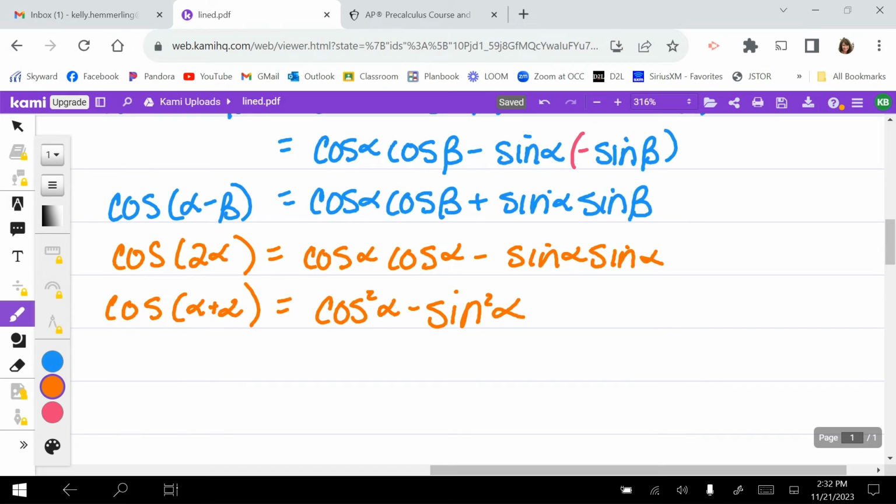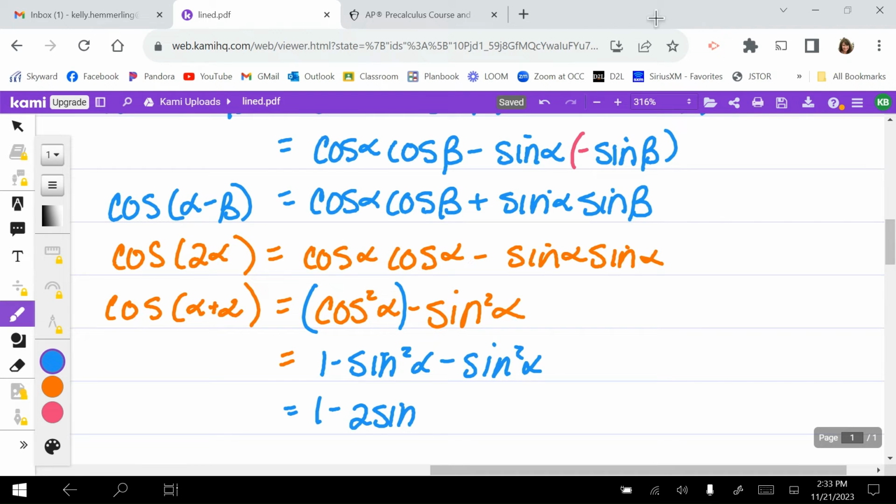And you can always use the fundamental Pythagorean identity and replace cosine squared of alpha with 1 minus sine squared of alpha. When you combine like terms, you have another identity for cosine of 2 alpha, 1 minus 2 sine squared alpha. So that's another identity for cosine of 2 alpha.